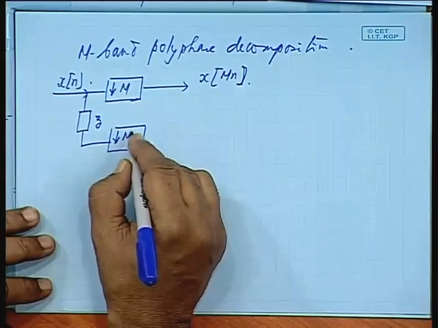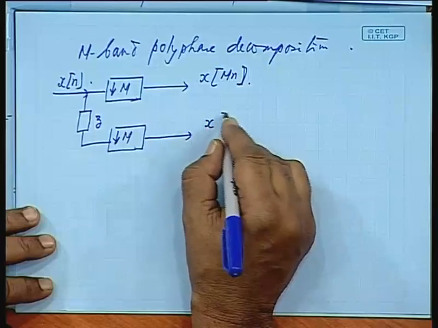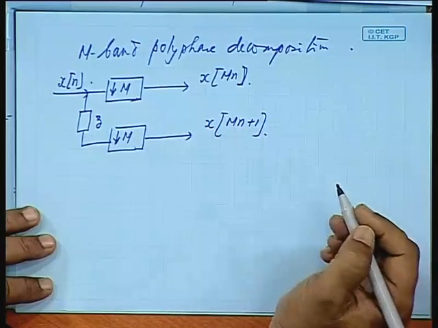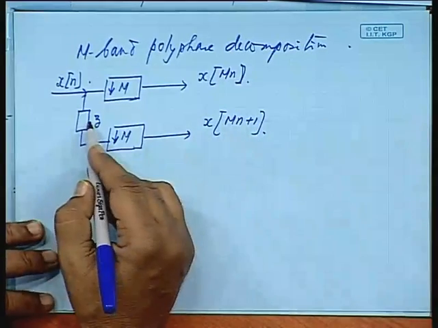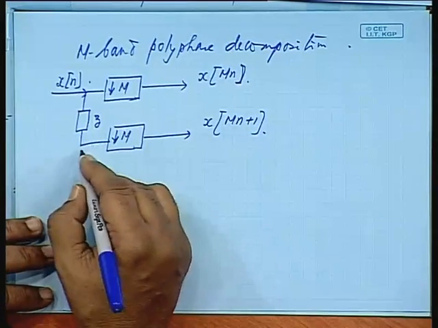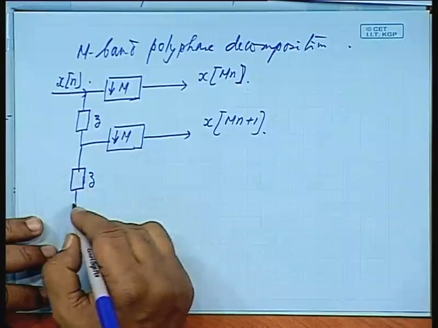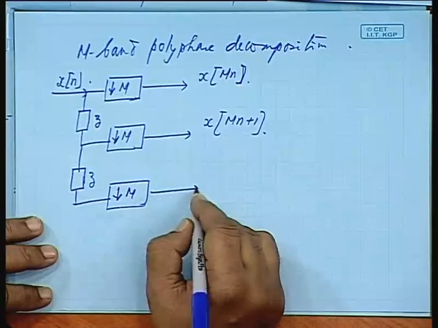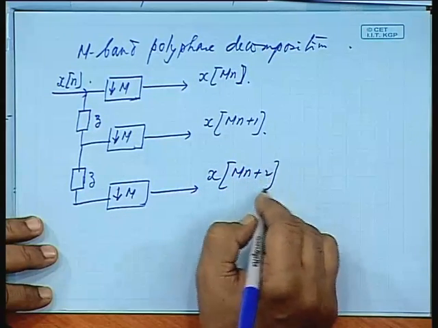Again downsample by m. This will give me x mn plus 1. Mind you this is plus 1, we are generating the next set, that is why this is Z, not Z inverse. Again downsample by m, x mn plus 2 and so on.